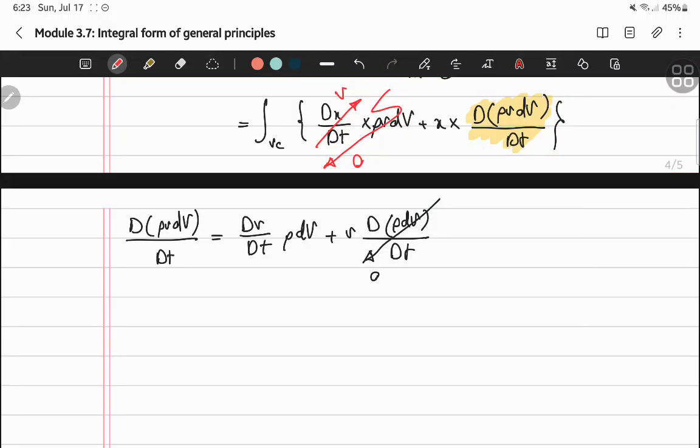So finally, we only have this expression here: x cross dv/dt rho dv.